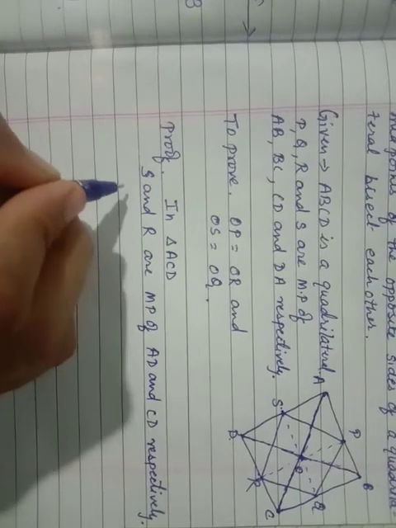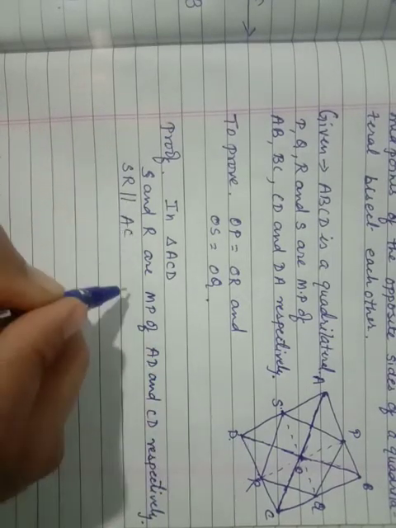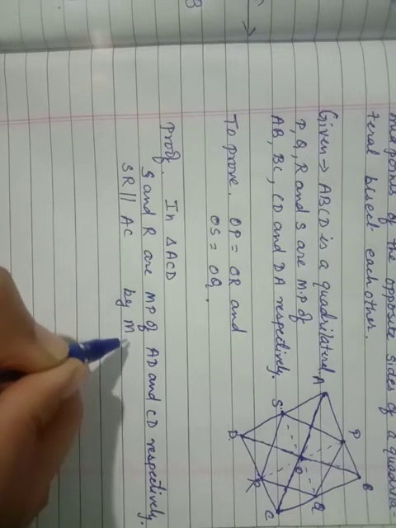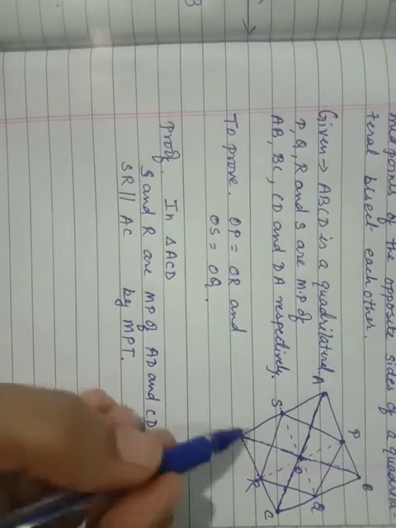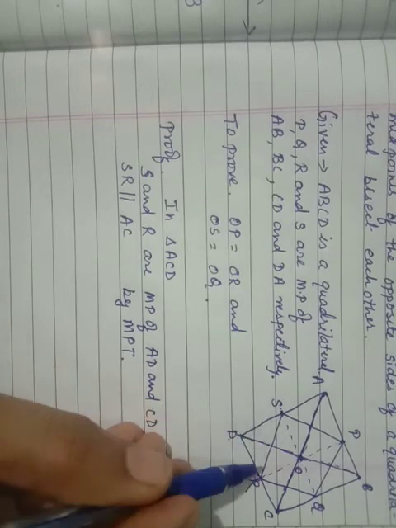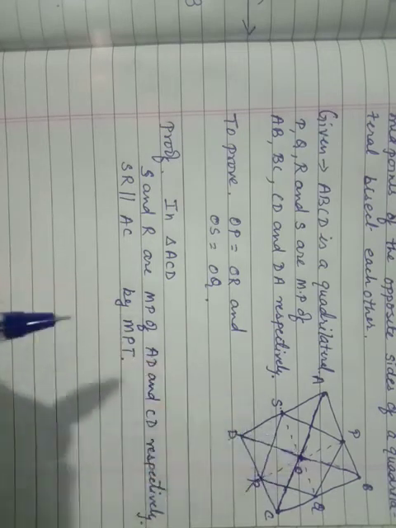So we can say that SR is parallel to AC by the midpoint theorem. Midpoint theorem: in a triangle, the line joining the midpoints of any two sides is parallel to the third side. So SR is parallel to AC.